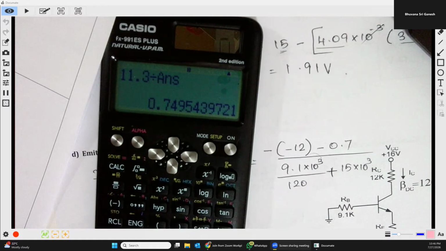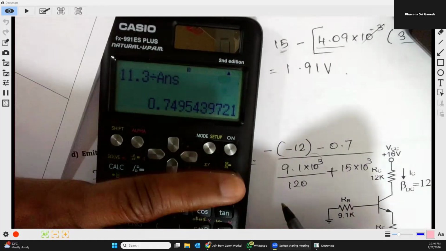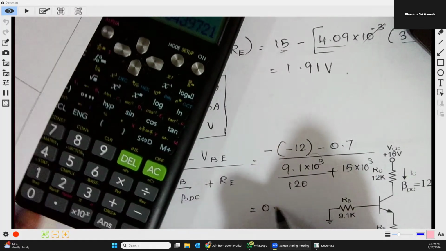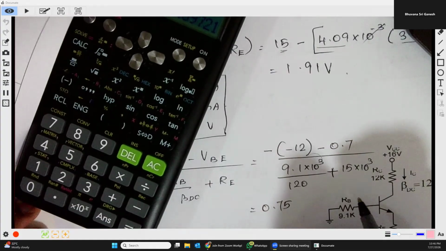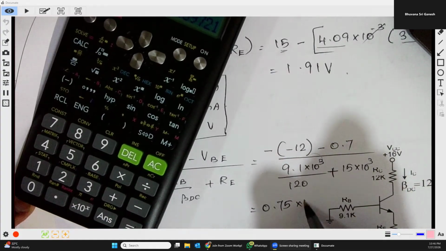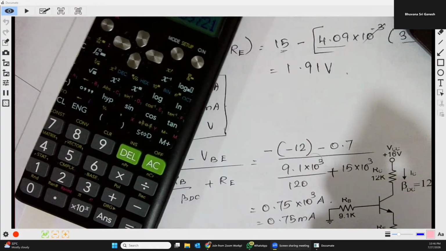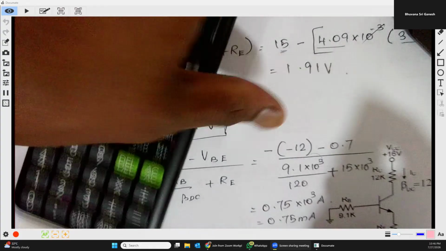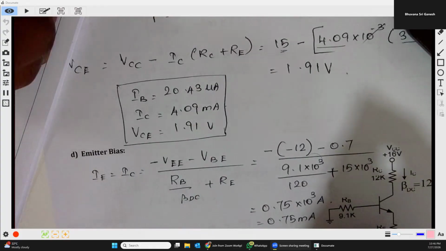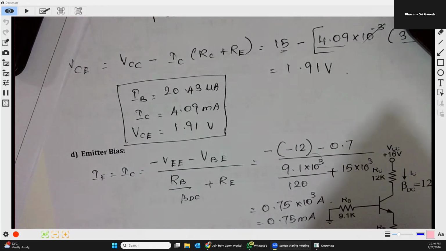So 0.75 we can say. From the denominator positive 3, we have negative 3 here, amperes. 0.75 milliamperes we have, right? Next, we calculated IE.